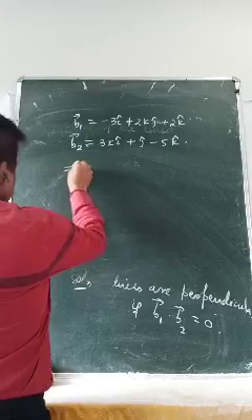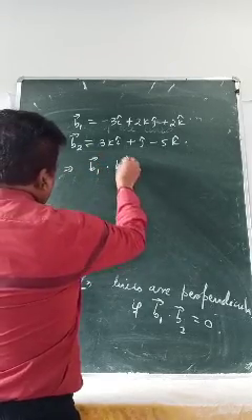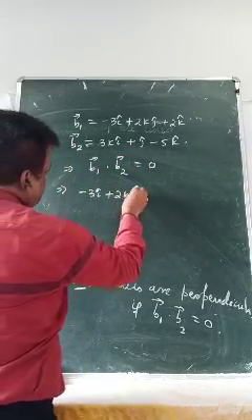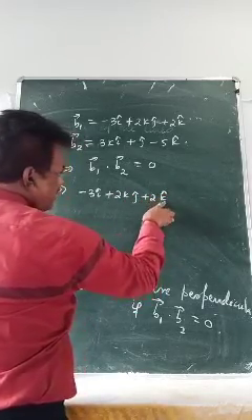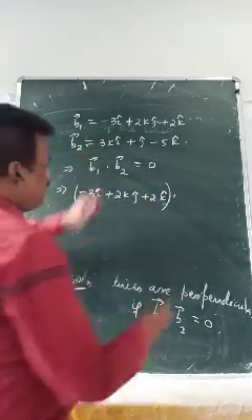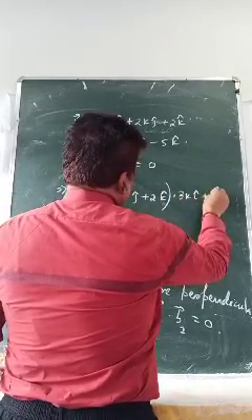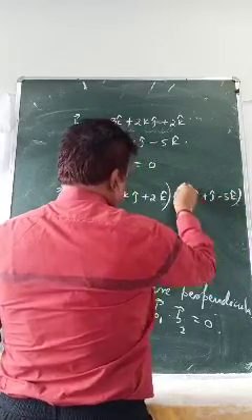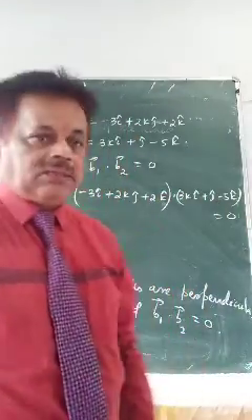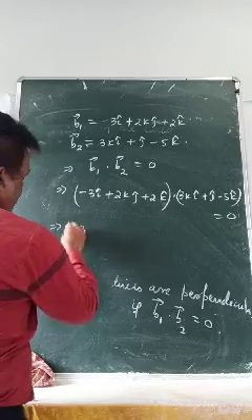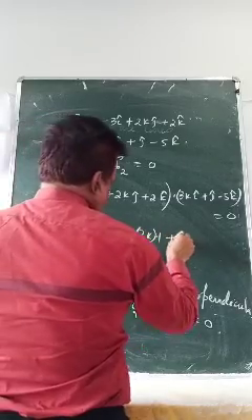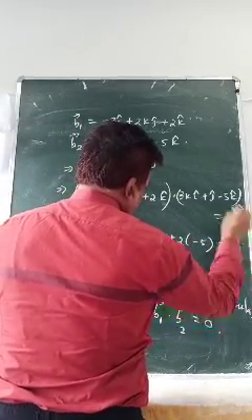So b1 dot b2 equals 0: (minus 3i plus 2kj plus 2k) dot (3ki plus j minus 5k) equals 0. This is unit vector k, and this is the constant k you have to find. Multiplying i with i, j with j, k with k, as already discussed, that is minus 3 into 3k plus 2k into 1 plus 2 into minus 5 equals 0.